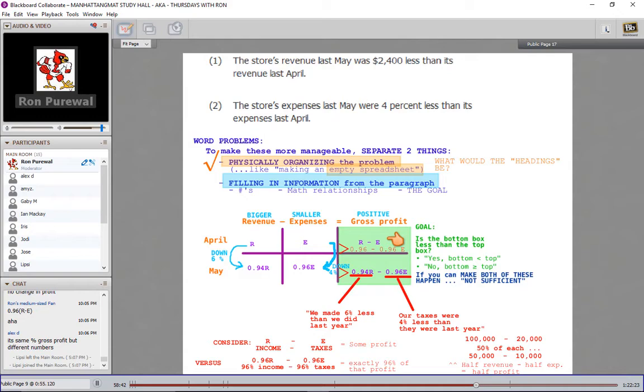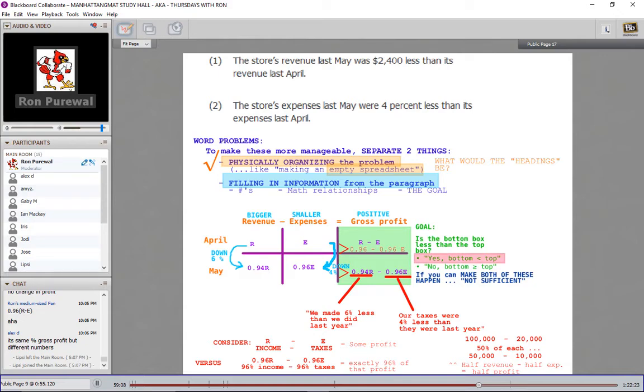This is less than this because it's just 96% of it. And then this is less than that because you made less money. It's less revenue, same taxes. So this is even lower. That means that the top thing is bigger than the bottom thing. This is bigger than this is bigger than that. Therefore, this is bigger than that.